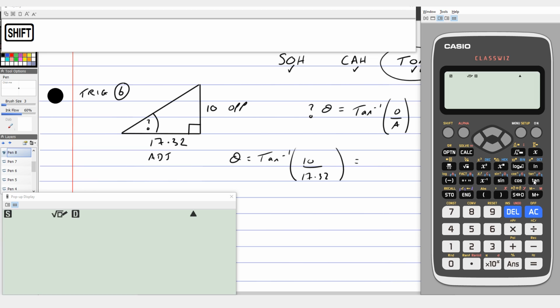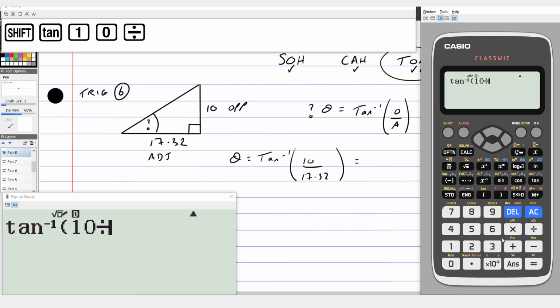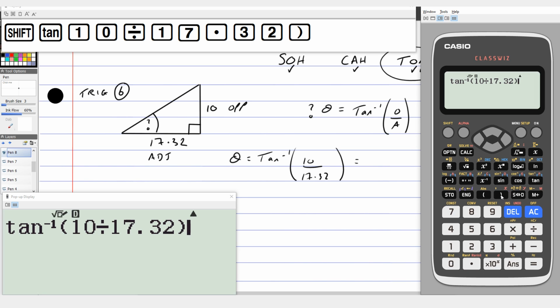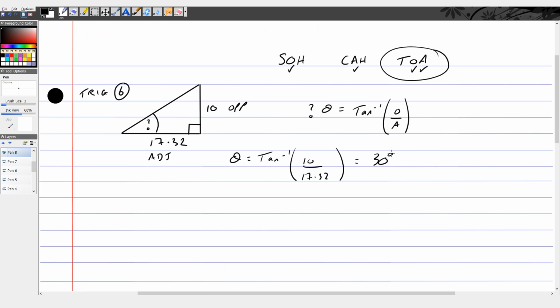You do shift tan to get inverse tan. We always need to do an inverse trig function to find an angle. Tan to the minus 1 of 10 divided by 17.32, close the bracket, 30 degrees. So our angle is 30 degrees.